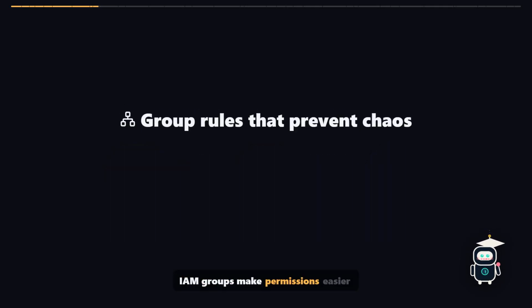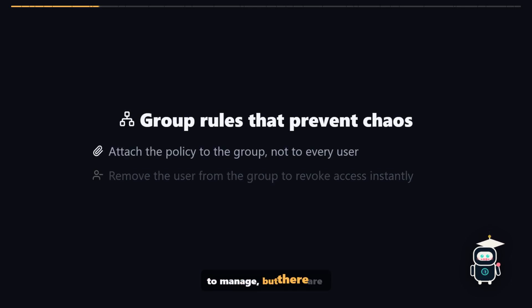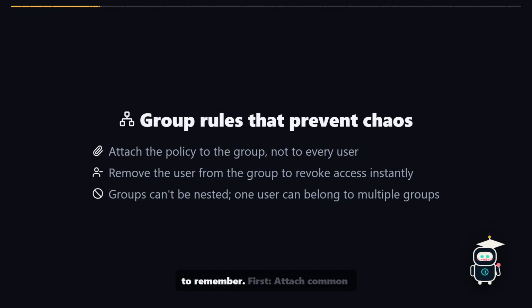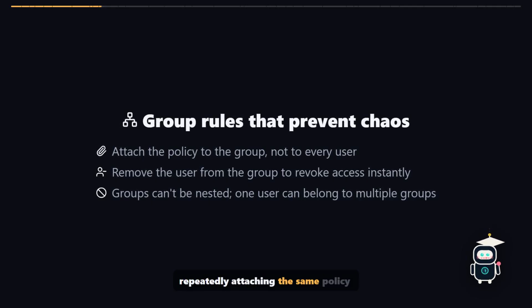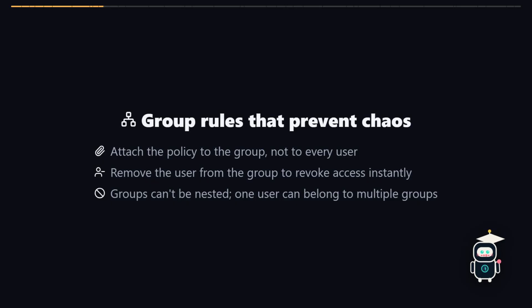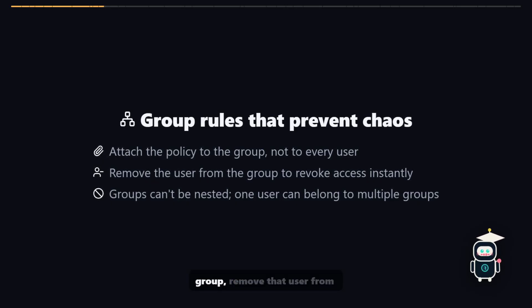IAM groups make permissions easier to manage, but there are a few rules you need to remember. First, attach common permissions to groups instead of repeatedly attaching the same policy directly to individual users. Second, if someone no longer needs the permissions provided by a group, remove that user from the group.